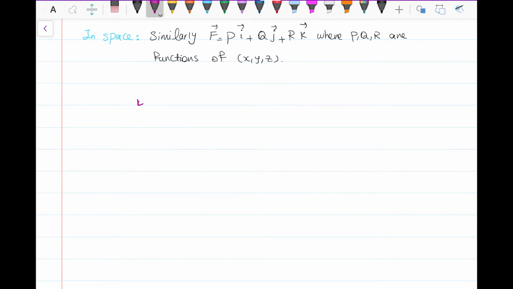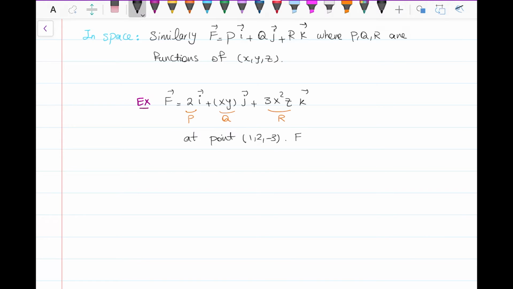Let's look at one example in here. For example, if f is 2i plus xyj plus 3x squared z k, this p, q, and r, these are functions of x, y, and z. And for example, at a point like 1, 2, -3, we get f of 1, 2, and -3, which is what? 2 is fixed.